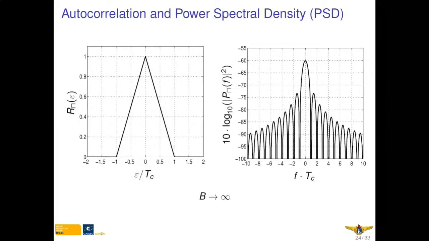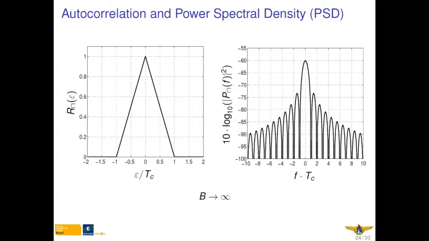On the left-hand side here, you can see the autocorrelation function of this signal. It's a perfect triangle for infinite receiver bandwidth. If we have a real system with a limited bandwidth, this gets a little bit rounded, but in principle it stays very close to a triangle.